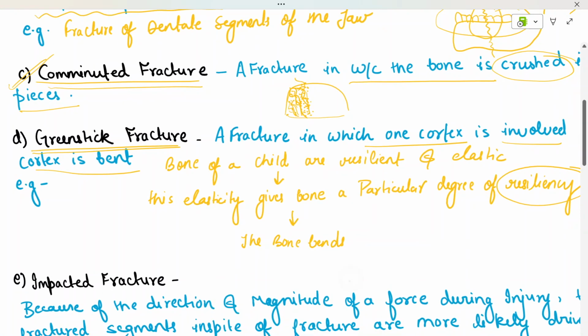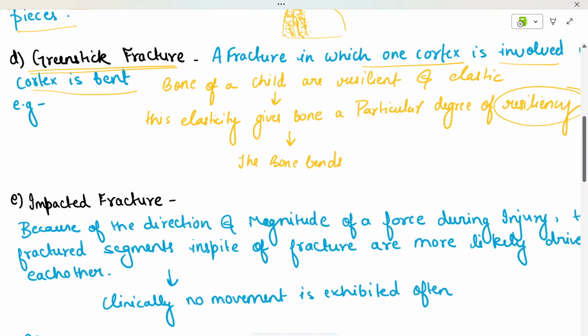So moving ahead with the fifth part, that is your impacted fracture. What is an impacted fracture? By the term impacted, we get to know that something is kind of restricted.